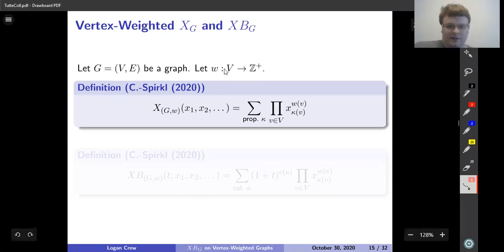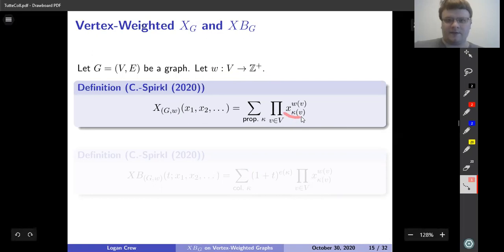And how we went about it is we introduced a vertex weight function. We give each vertex a positive integer weight. So on xg, we now have a new function which we call xgw. This is how we define our vertex weighted graphs. And now for each color, we count not the number of vertices that get that color, but the total weight of vertices that get that color.